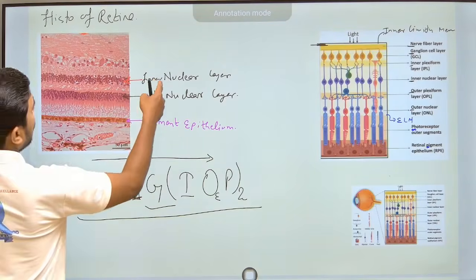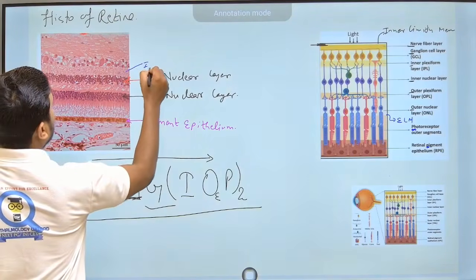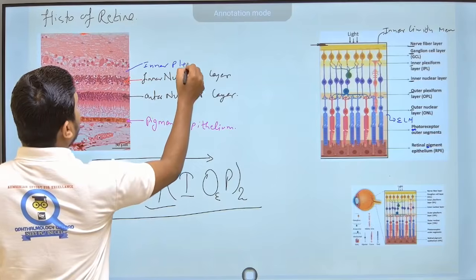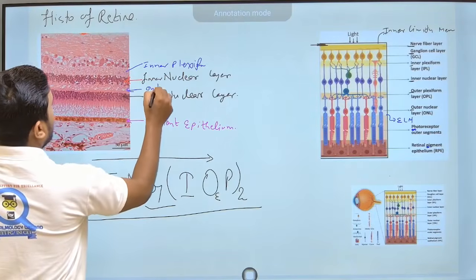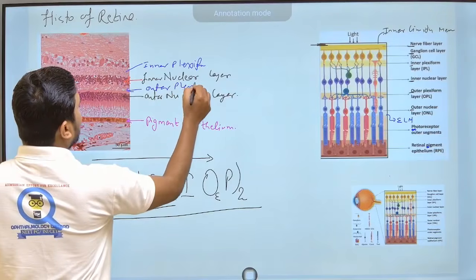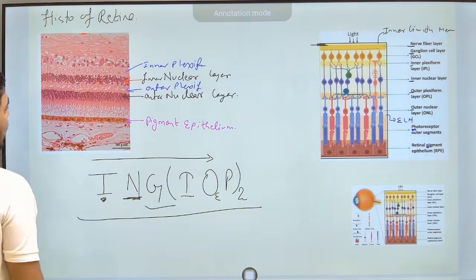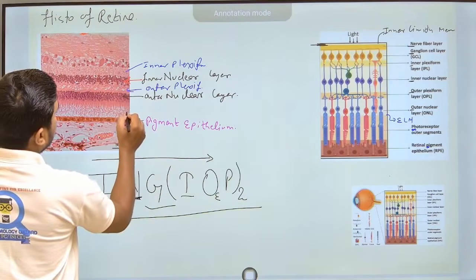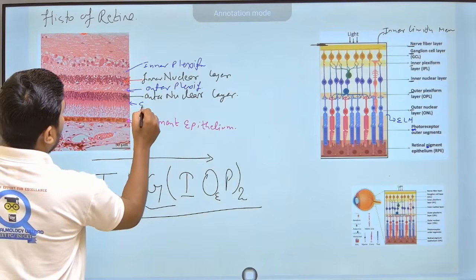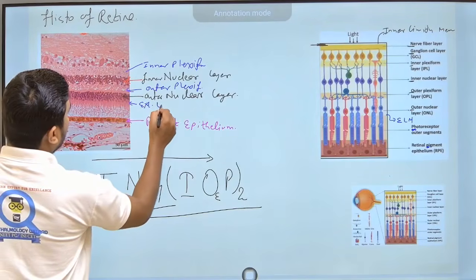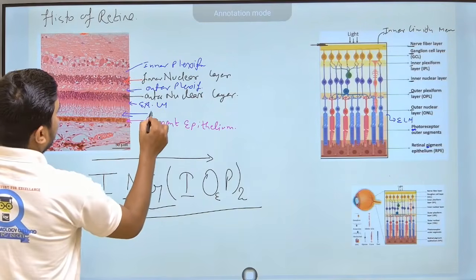If it is the inner nuclear layer, this will become inner plexiform and this will become outer plexiform. This membrane will become the external limiting membrane, and this will become the photoreceptor.